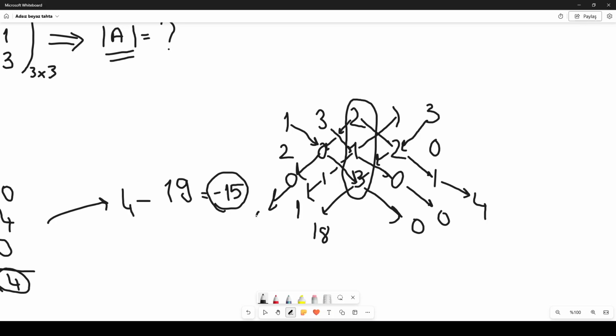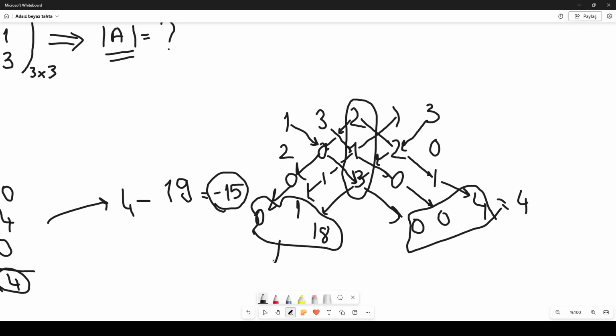If we have only one 0 in a multiplication, then the result is equal to 0. Again, sum these values up: 4, 0, 0 is equal to 4. This is the plus part, the positive part. And sum this value up again: 1 plus 18 plus 0 is equal to 19. This is the minus part, so this is minus 19. And our result is 4 minus 19, which is equal to minus 15.